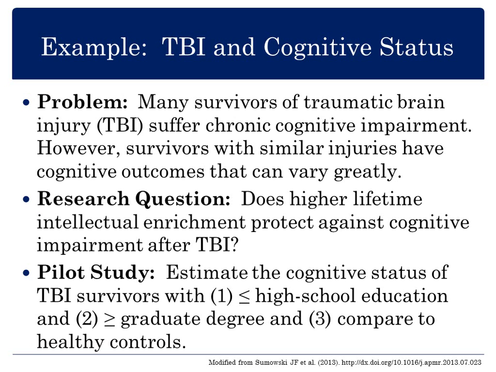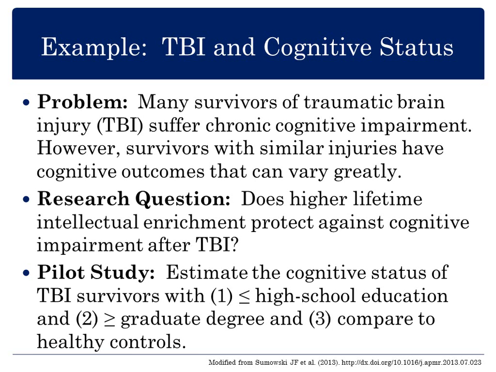Here's an example that I'm going to use to facilitate thinking about hypothesis testing. There's a research problem, and I have the reference here. I'm using their summary statistics, but not necessarily their hypotheses. Many survivors of traumatic brain injury suffer from chronic cognitive impairment. What that really does is it affects their long-term quality of life. The issue that they're addressing in this paper is that survivors, even with similar injuries, tend to have cognitive outcomes that are all over the place.